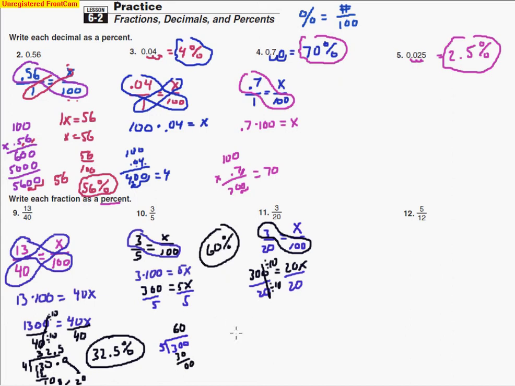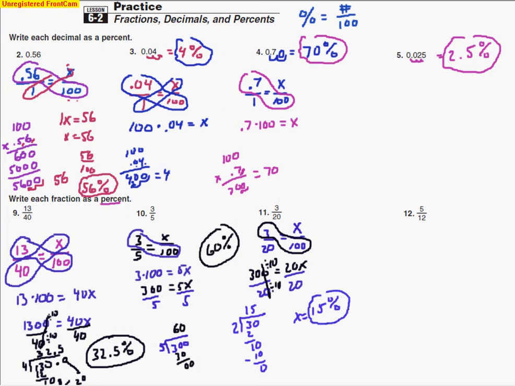And so I can go ahead and set up my division problem now. 2 into 30. And you might know how many times it goes in there. Well, 2 goes into 3 one time, with 1 left over. 2 goes into 10 5 times, evenly, with nothing left over. So there it is. X equals 15. So that's 15%. And there is our answer.